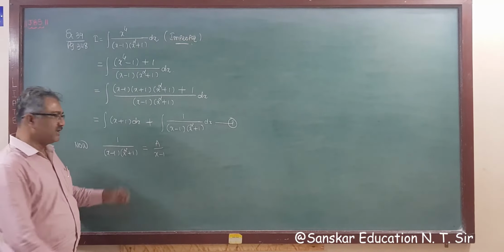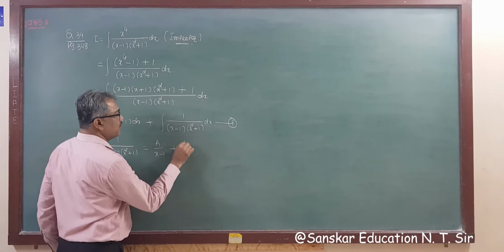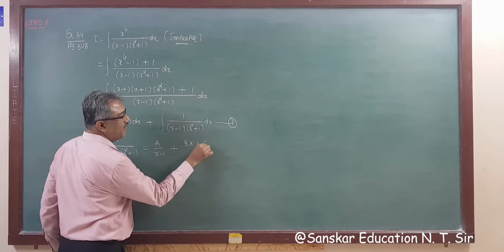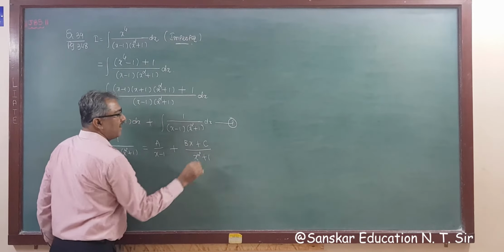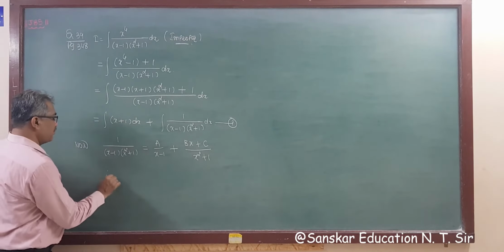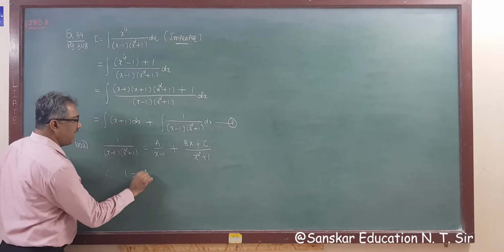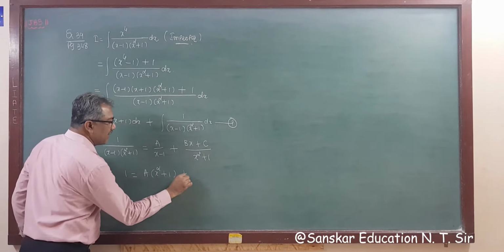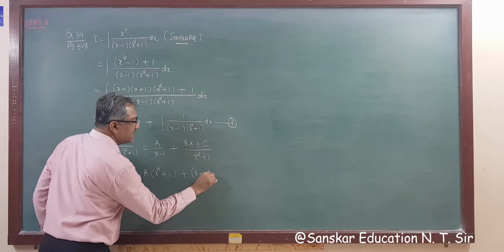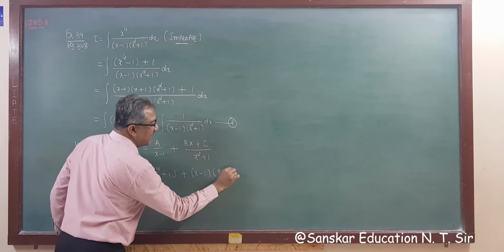Now this is quadratic, so we have to express this in Bx plus C form, whole upon the quadratic factor. Taking LCM, so 1 is equal to A into x square plus 1 plus x minus 1 into Bx plus C.